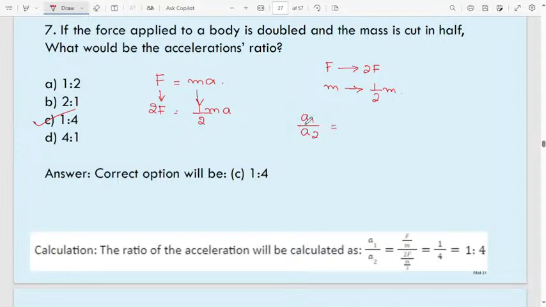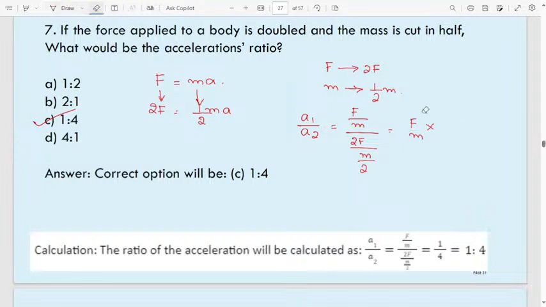Let us consider first A1, it will be F divided by M. Second one, it will be 2F divided by M divided by 2. Let us cross multiply this one. F by M into reciprocal of this one, otherwise you can cancel directly here, you will get 1 by 4.